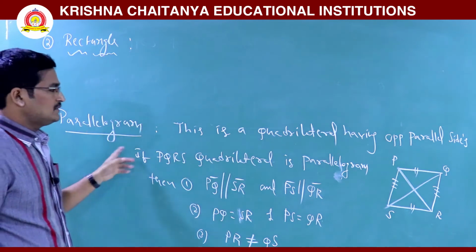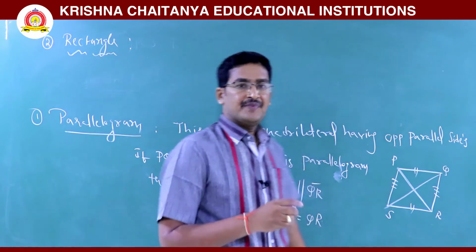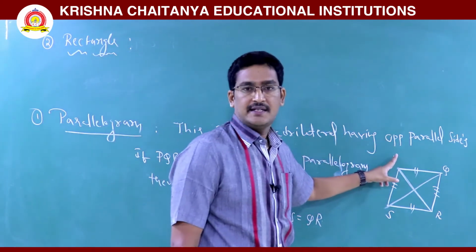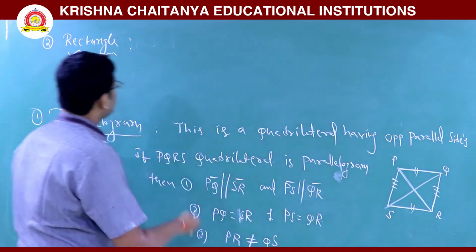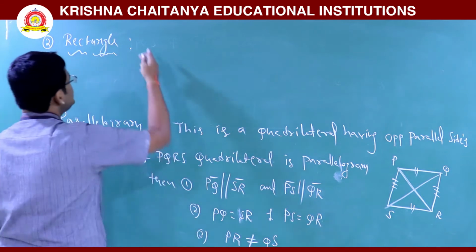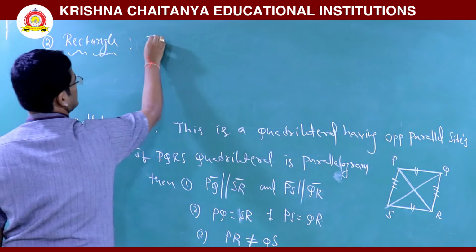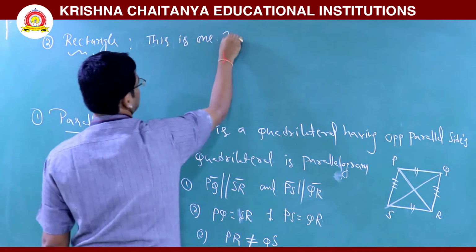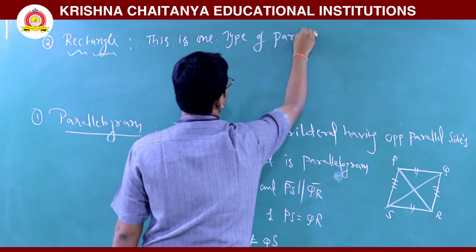What is a parallelogram? It is a quadrilateral having opposite parallel sides. In this way, rectangle also is a quadrilateral having opposite parallel sides. But in some conditions it differs from these 3. This is called rectangle. Okay. So, rectangle is one type of parallelogram.